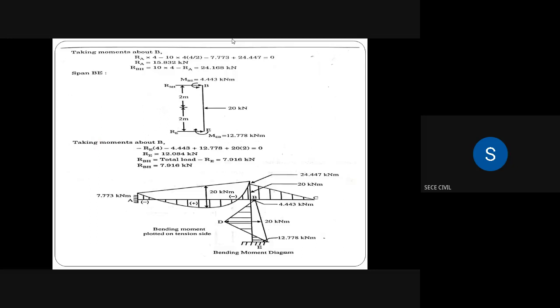So 2EI by 4 into 2 theta B plus theta E. Support E is also a fixed one, so the slope will be 0. So theta E is 0 and delta is also 0. Finally, MBE is equal to minus 10 plus EI theta B. This is equation number 3.